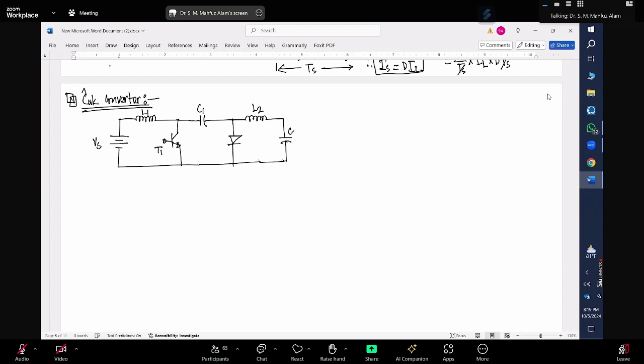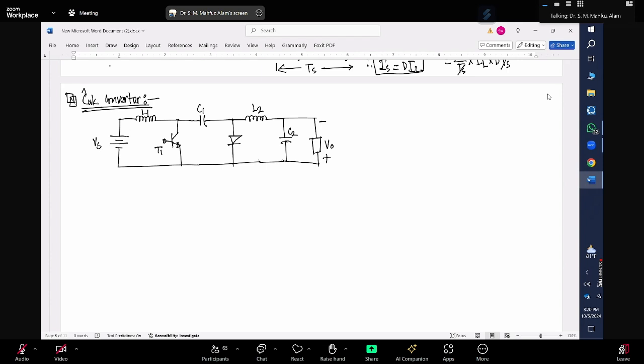This capacitor here, C2, will keep the output voltage always constant, as always, like the boost and buck converter. Here we are keeping the output voltage in these polarities, because like the buck boost converter, the Chuk converter output voltage will be inverting. Whatever polarity the source voltage is, the output will be the opposite of that.